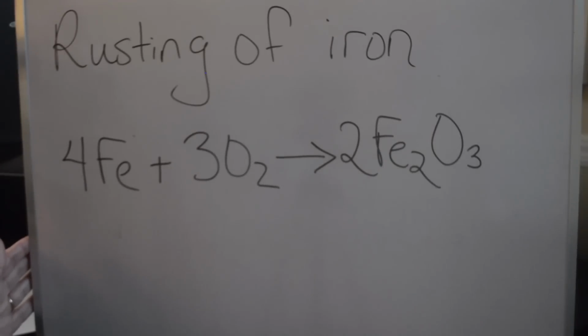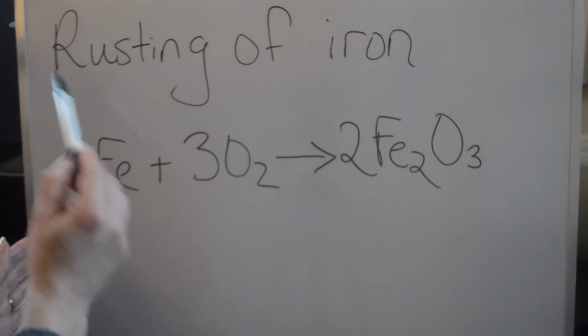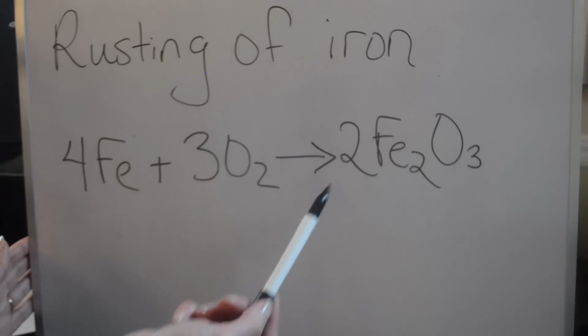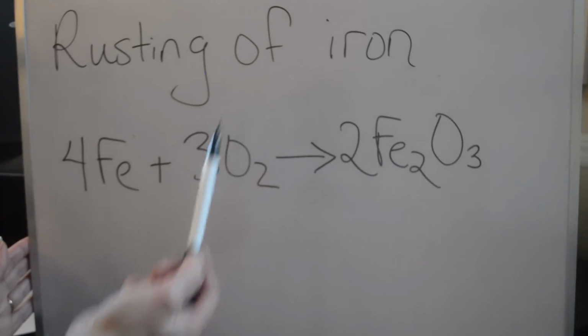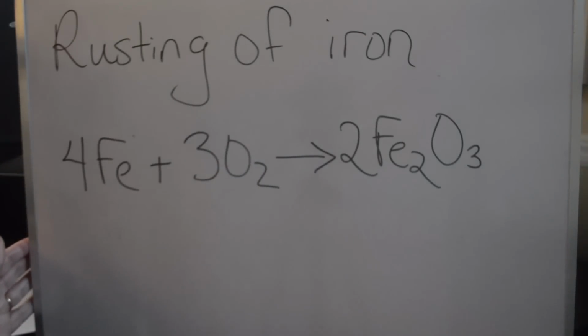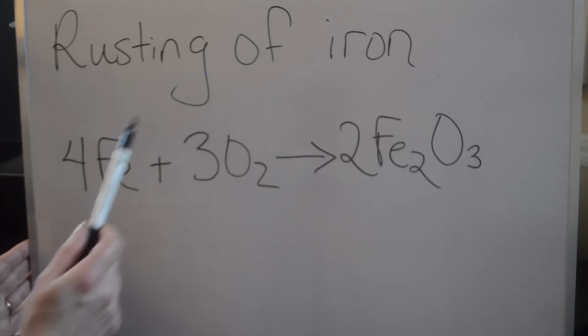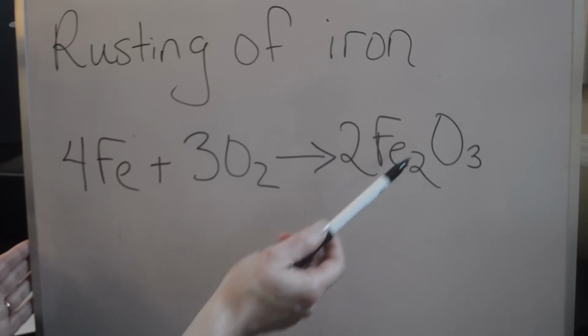And that's also why we see iron with the most amount of corrosion, which is the rusting of iron. So what happens in rusting is that the oxygen atoms attack the iron to form iron oxides.